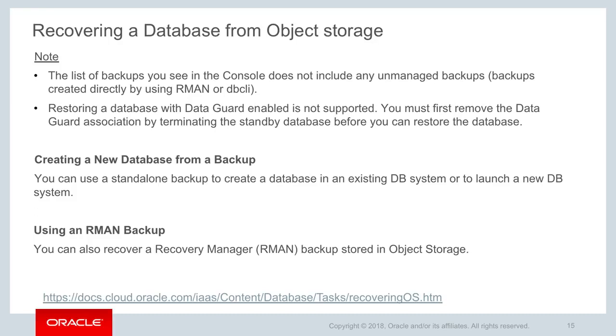You need to first remove the Data Guard association by terminating the standby database before you can restore the database. You can use a standalone backup to create a database in an existing database system or to launch a new database system. You can also recover a database backup or an RMAN backup stored in object storage.